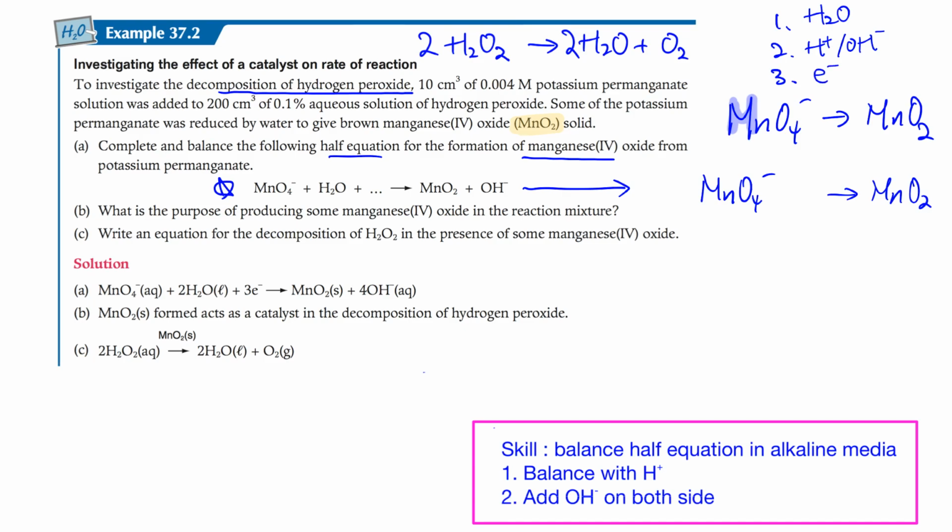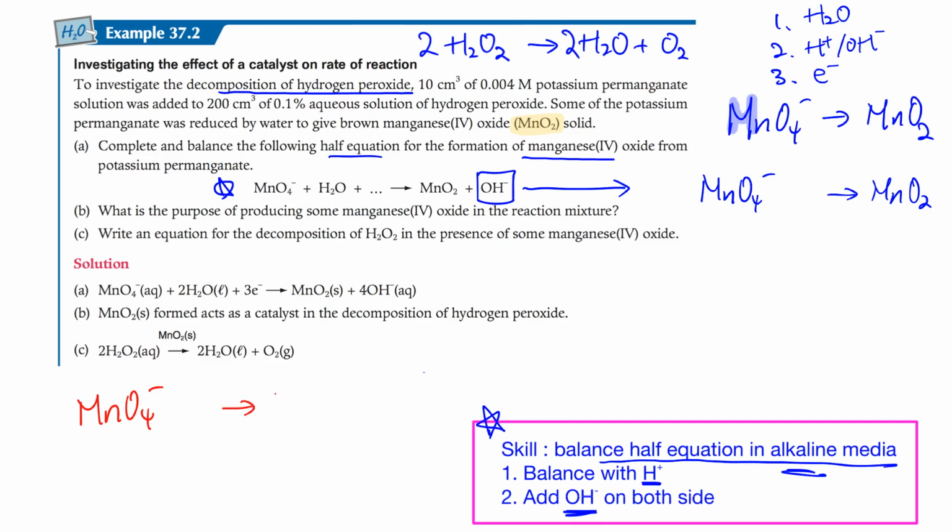But in this one, you can see that we have OH minus, so it is in an alkaline media. To balance in alkaline media is more difficult. But like the skills that we have learned before, to balance a half equation in alkaline media, we can first do it in acidic form, and then add OH minus to both sides to see what happens. So basically, we can try it out.